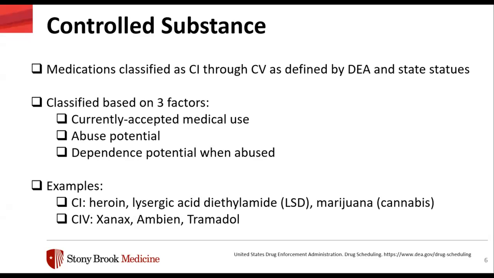For example, C1s are drugs, substances, or chemicals with no currently accepted medical use and a high potential for abuse. These include heroin, LSD, and marijuana, as opposed to, let's say, a C5 medication, which are drugs, substances, or chemicals defined as drugs with low potential for abuse and low risk of dependence, but having a known medical use.